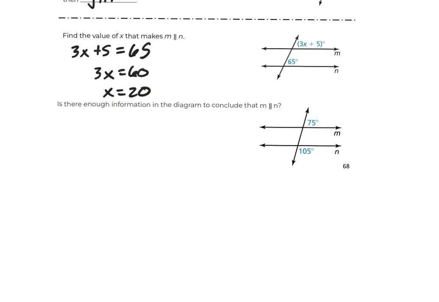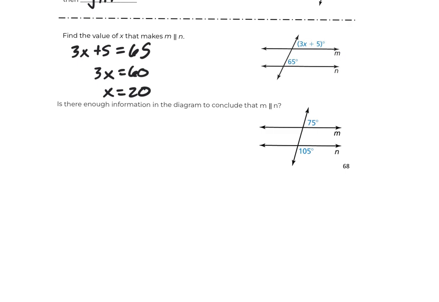Is there enough information in this picture to determine M and N are parallel? Is there anything special about these two relationships? Do we have any relationships that are exterior? Those are supplementary. How come?